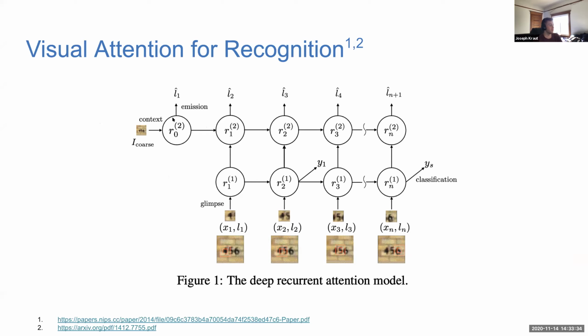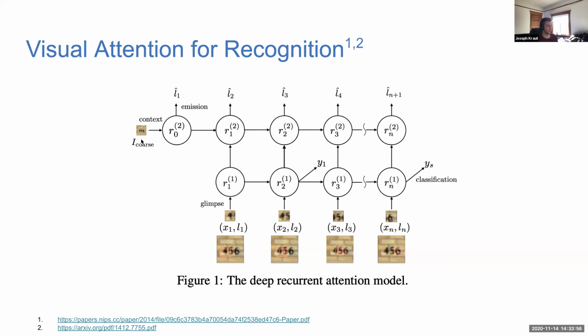They also have what they call an emission head and a classification head. The emission head tells you where to attend next, so it's exactly like before, telling you where to look next. But the classification head happens earlier on in the model, and that predicts just the object class, like I said before.